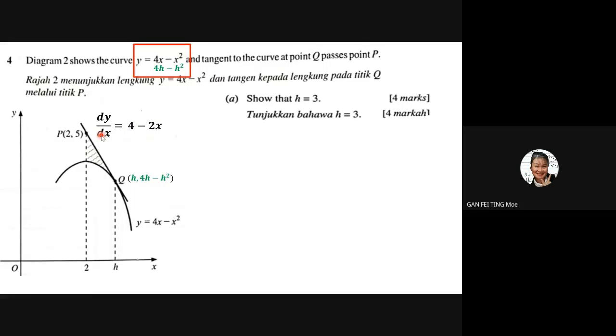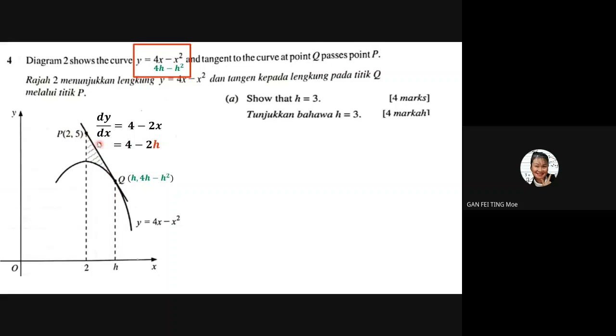The x now I change it to h. 4 minus 2h. Okay, what I can get now is, this is the gradient function. From here, this is the line at point Q. When I sub my x as h, means that this tangent, I'm referring to this line passing through Q.